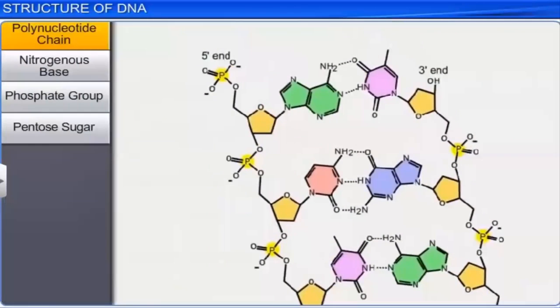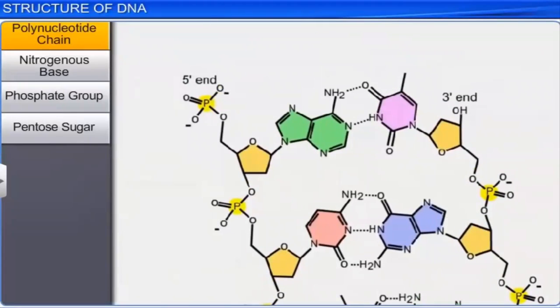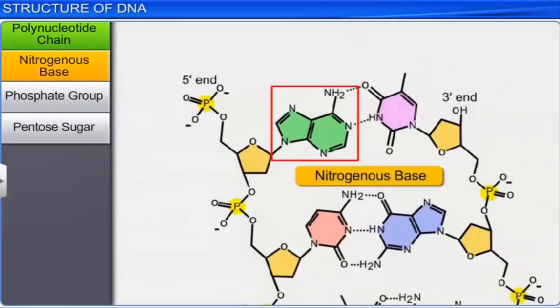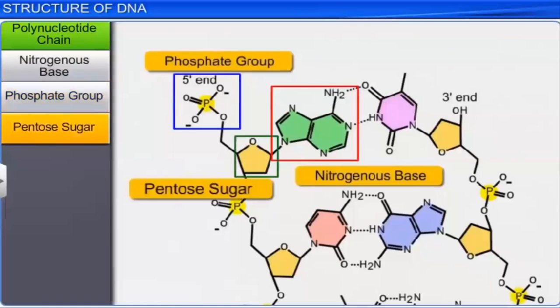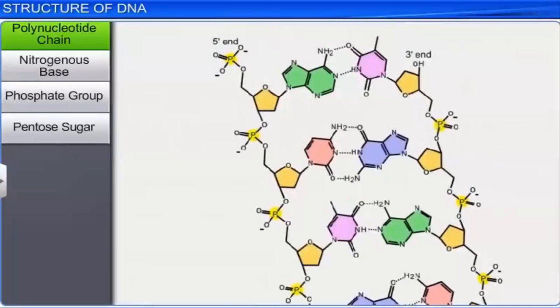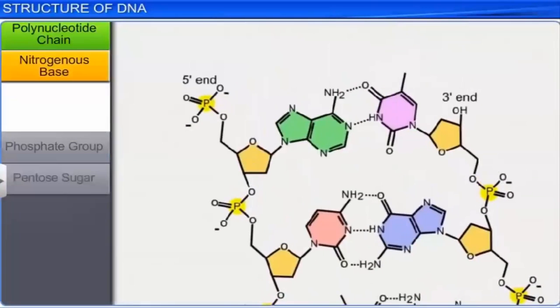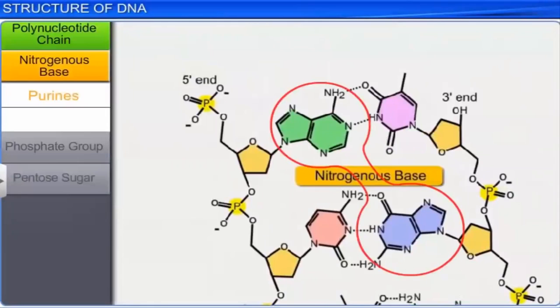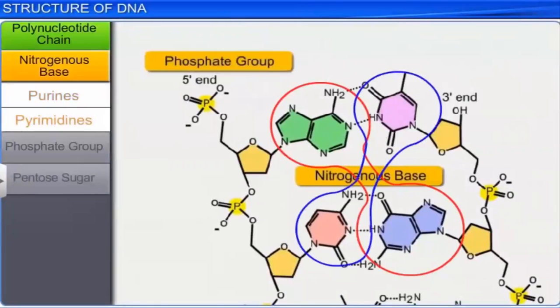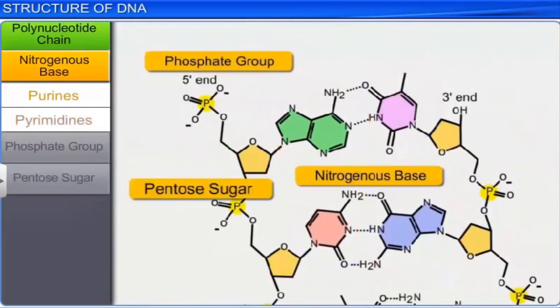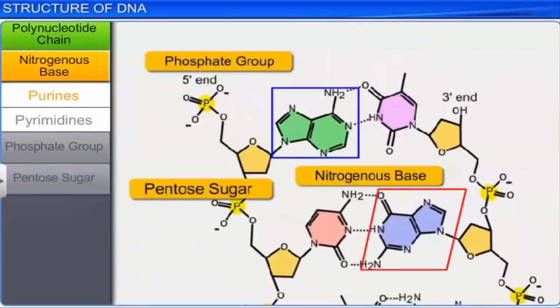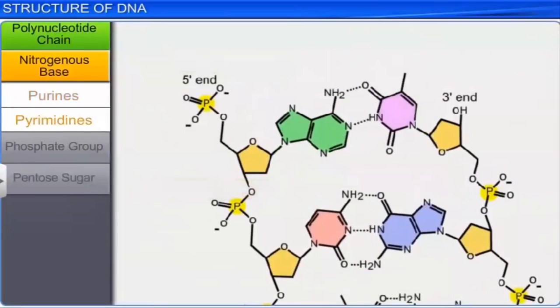The polynucleotide chain is made up of three components: a nitrogenous base, a phosphate group, and a pentose sugar, which is deoxyribose. Further, the nitrogenous base is of two types, purines and pyrimidines. The purines comprise adenine and guanine, while the pyrimidines comprise cytosine and thymine.